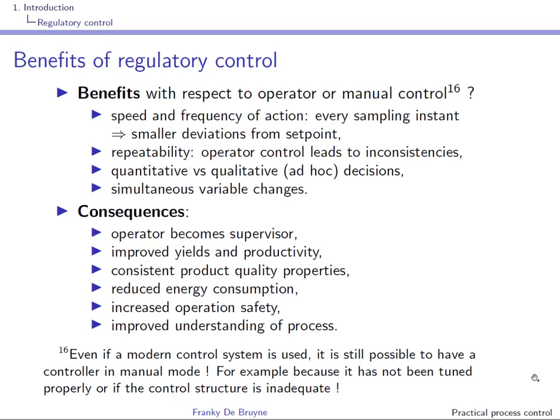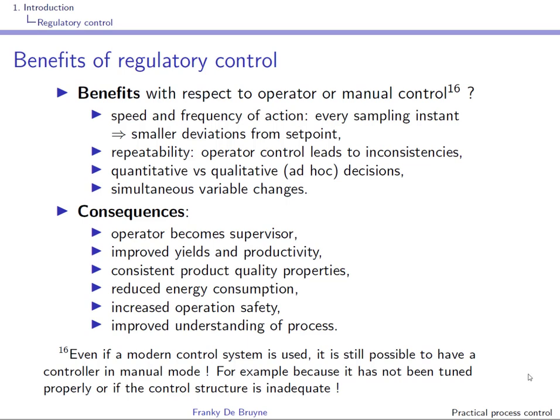The consequence of process control in automatic mode is that the operator becomes a supervisor and that the productivity will improve and go together with more consistent product quality properties. Well, there is also a big chance that there is a reduction in the energy consumption and an increase in the operation safety. And since when you do process control, you have to do it on the basis of a model very often, you'll improve your understanding of the process.